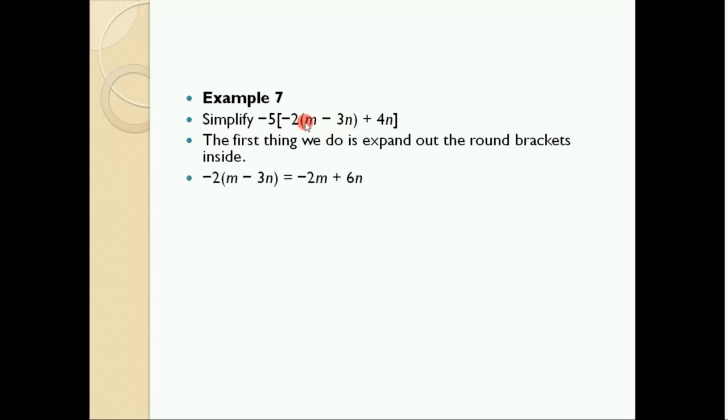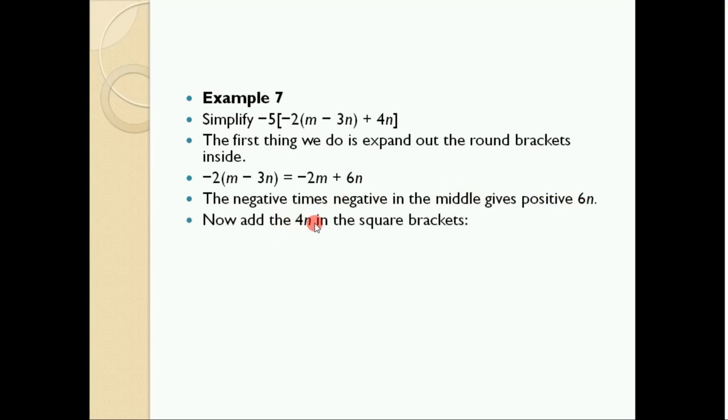So minus 2 into m minus 3n, here we multiply 2 with m, that is minus 2m, and we multiply 2 with minus 3n. 2 times 3 is 6 and n with it. So two negatives will be positive. The negative times negative in the middle gives the positive 6n.